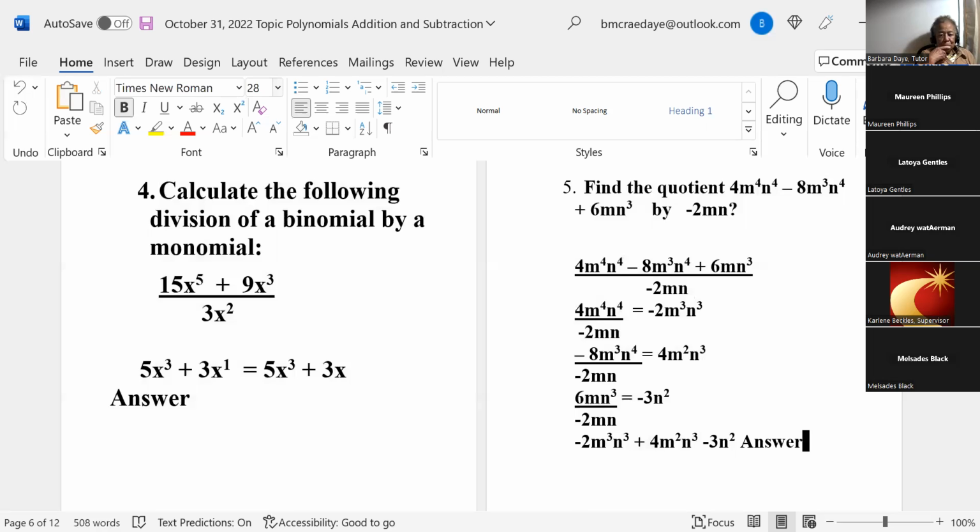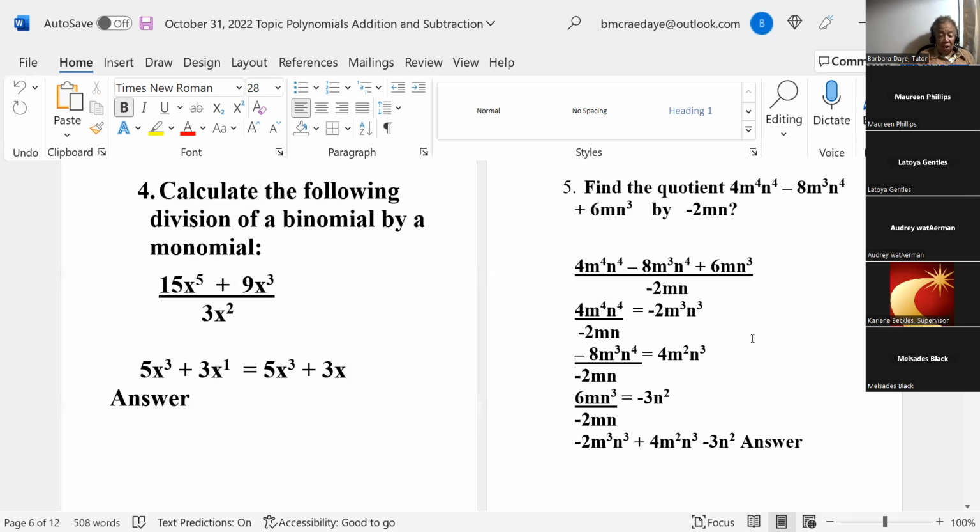Polynomial divided by monomial, break it up into monomial division. Monomial divided by monomial minus monomial divided by monomial plus monomial divided by monomial. Once you get these values, just put them together. Minus 2m to the third n to the third plus 4m to the second n to the third minus 3n to the second.